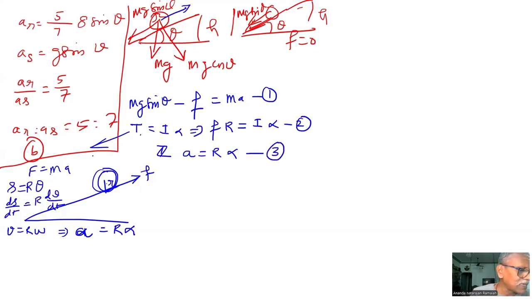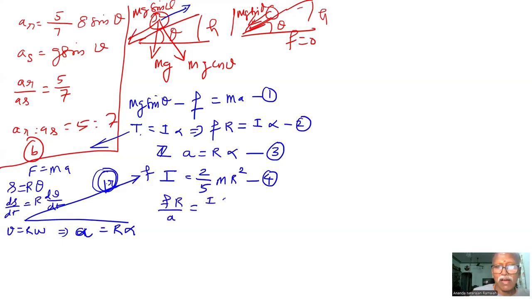Fourth formula is, we know that I for the sphere equals 2 by 5 mr square. That is the fourth formula. And if you divide 2 by 3, what you will get is Fr divided by a equals I alpha divided by R alpha.